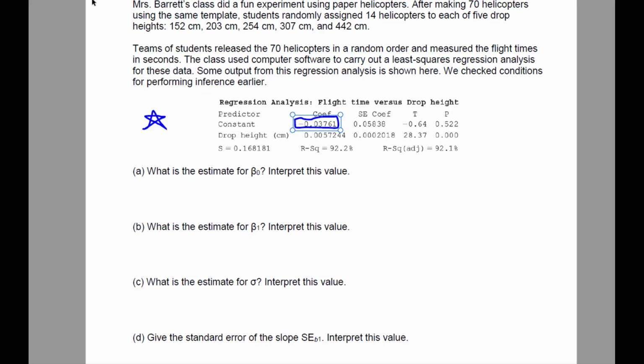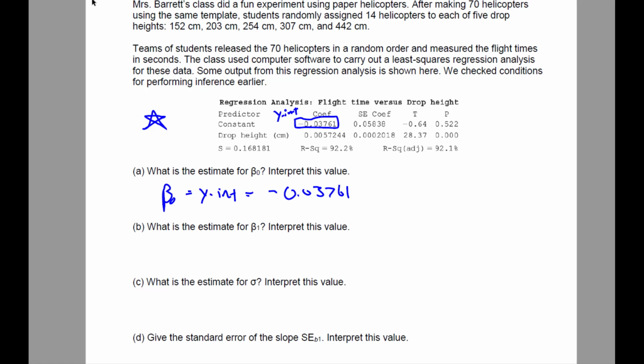So this right here is going to be your y-intercept, same thing as your b sub 0. Therefore, this value is negative 0.03761.